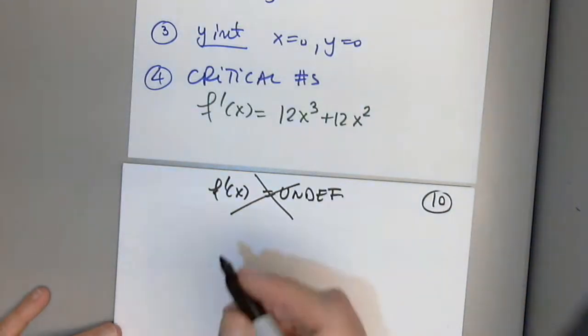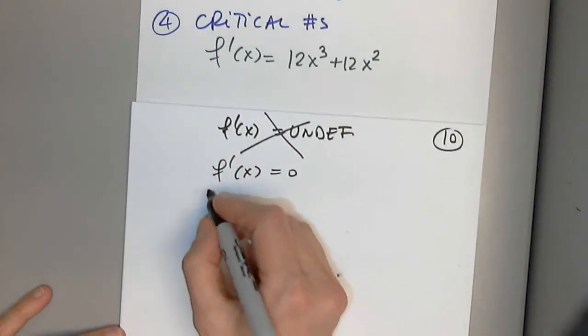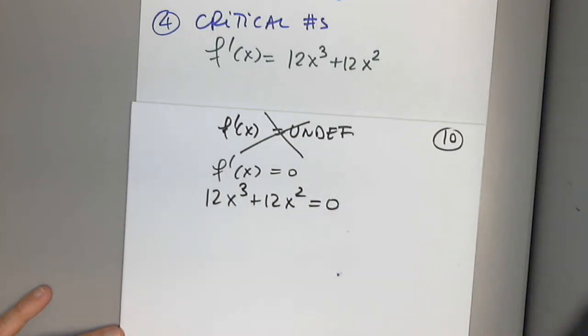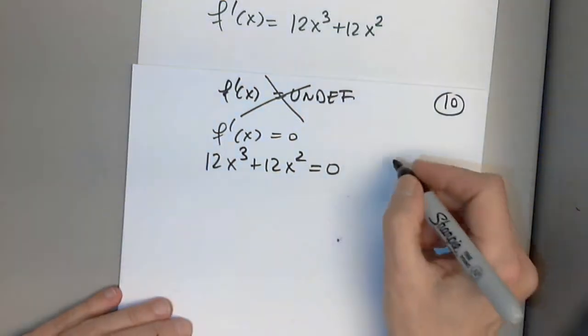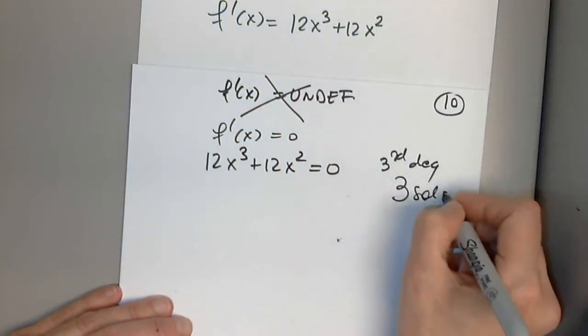It's always defined. And the other one is from f prime of x equals 0, which means 12x cubed plus 12x squared equals 0. I have to identify the degree so I don't forget how many solutions I need to come up with. Degree 3. Third degree, 3 solutions.